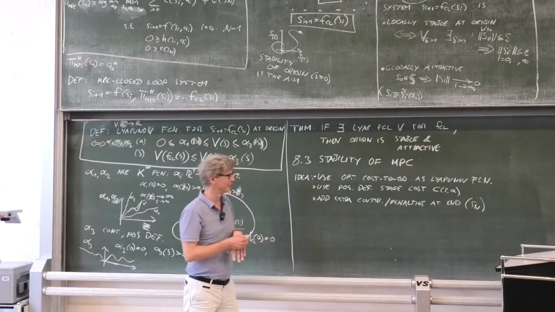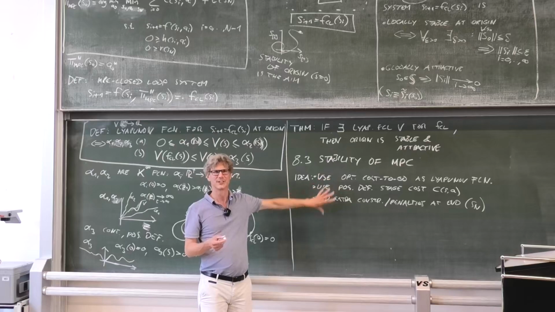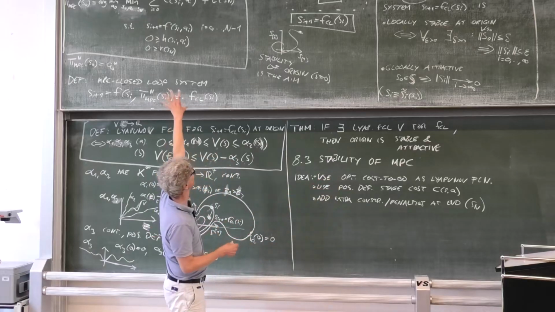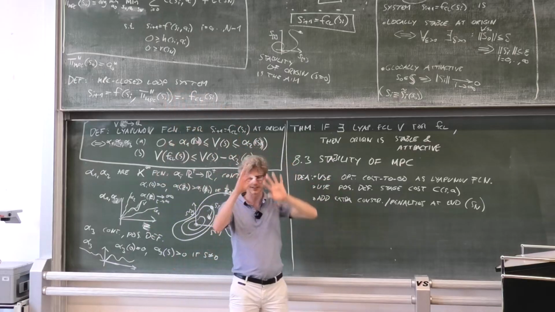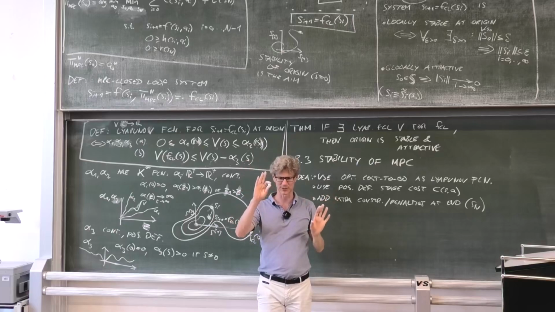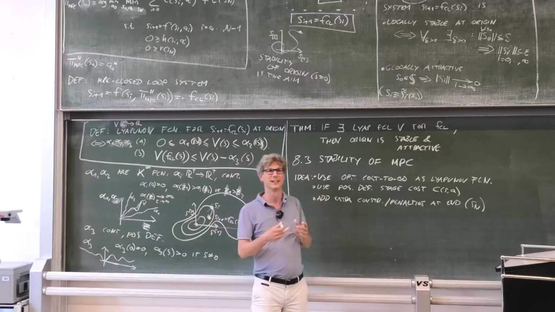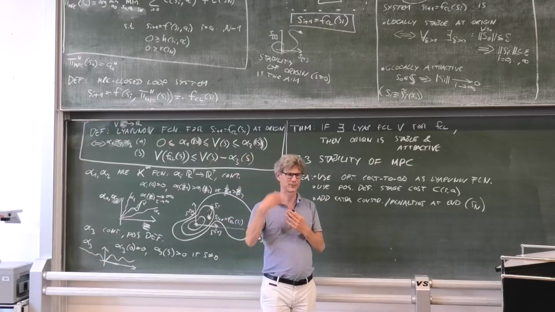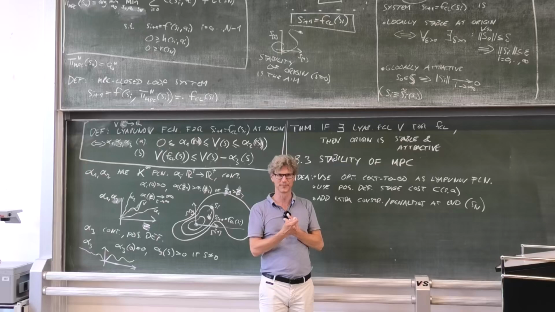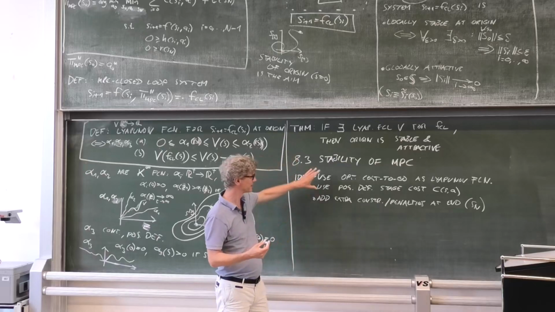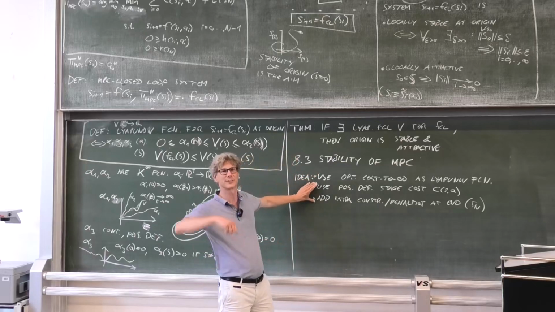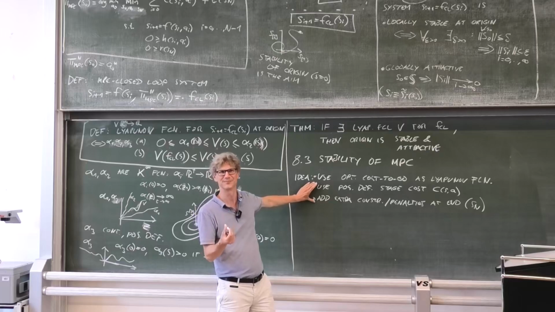In fact, it's both in one. Before you design your controller, I could try to separate them, and maybe that's what I should do. So maybe I first talk about this. This is a recipe which would be a sufficient condition for stability. And afterwards, I'd use the two others in order to make it true.